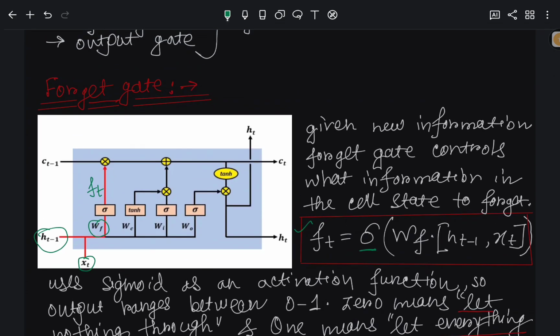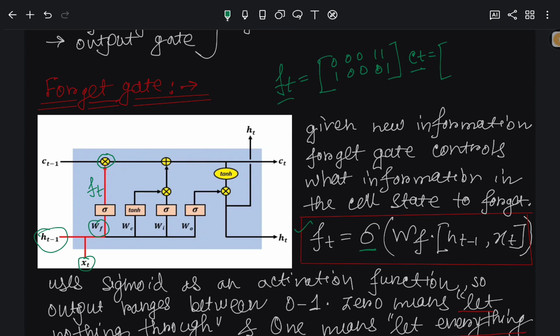If I take an example, suppose the output of ft is like this: 0 0 0 1 1 1 0 0, then again 0 1, something like this. And as you can see, we are doing an element-wise multiplication with the cell state here. So the cell state will also have a similar shape, because for element-wise multiplication ft and ct have to be of the same shape.